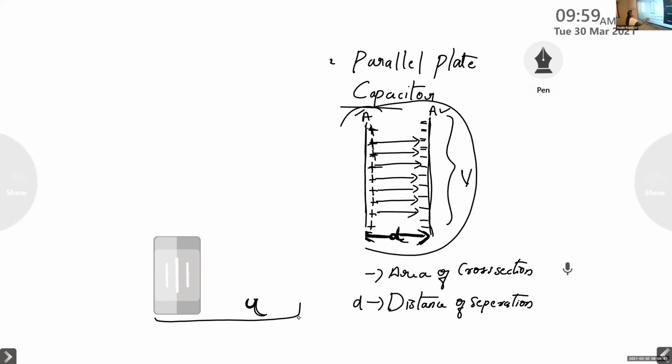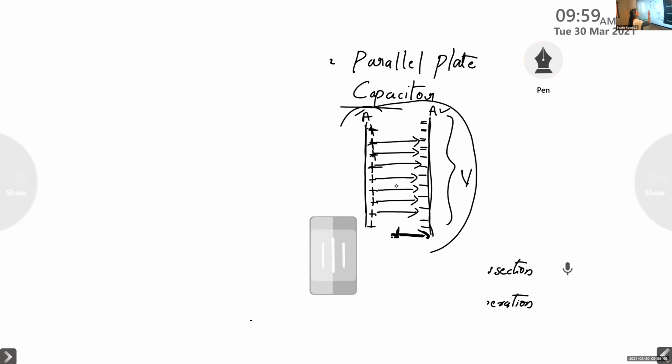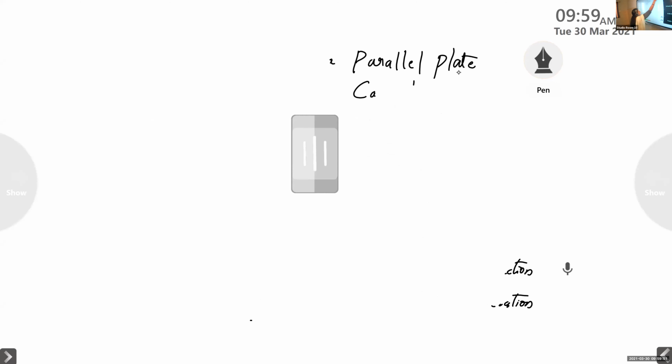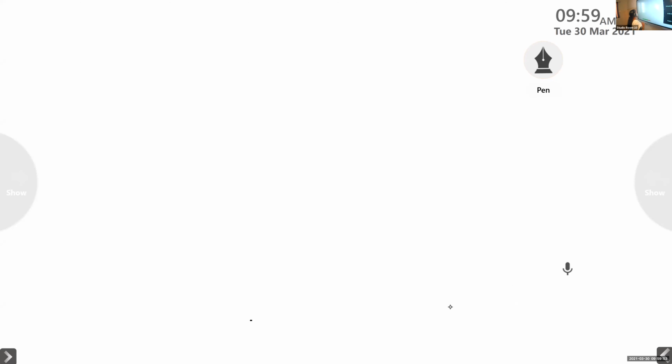Okay. So under the same topic, we can discuss one more case. All of you must write it as a second case. Here also we are considering two conductors, one with the positive charge and the other with the negative charge.